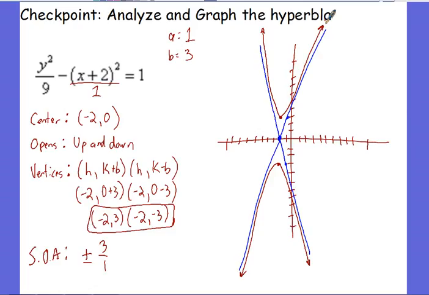Does it matter with an ellipse whether x's and y's? No, why not? First of all, it's addition. So does it matter 2 plus 3 and 3 plus 2? No. But does it matter 3 minus 2 and 2 minus 3? Yes, you get 2 totally different answers. So that's why there's a difference from here. Any questions with your conic sections? All right, fantastic.